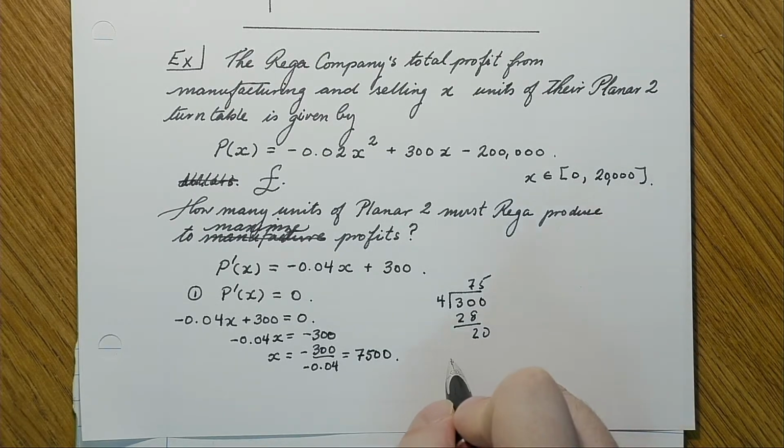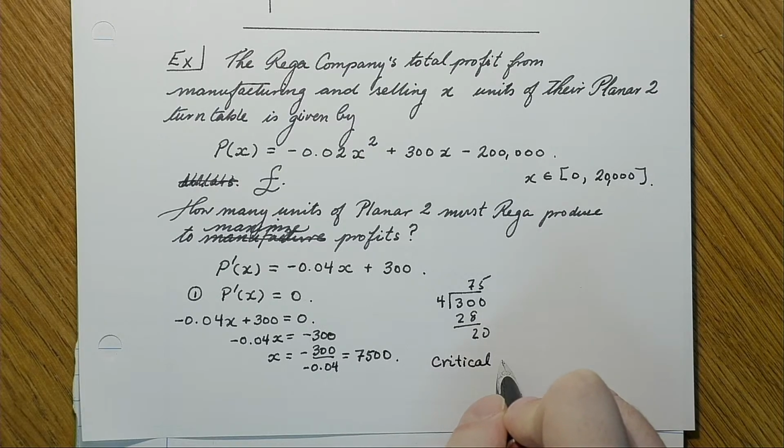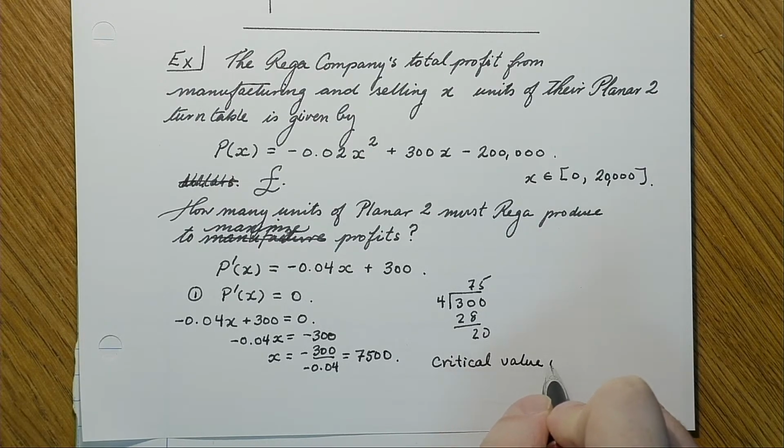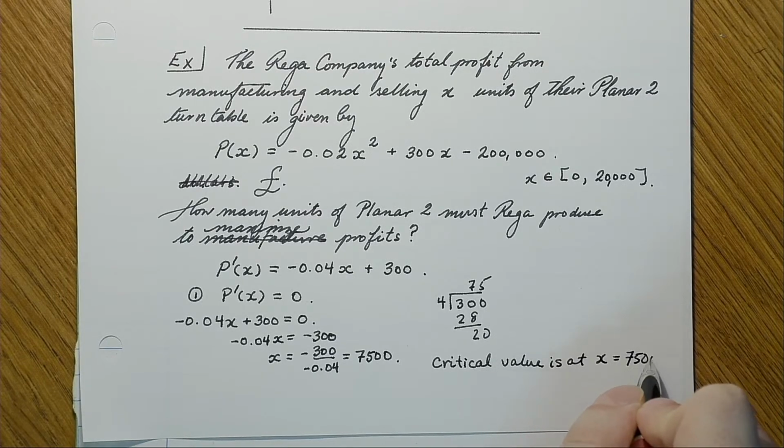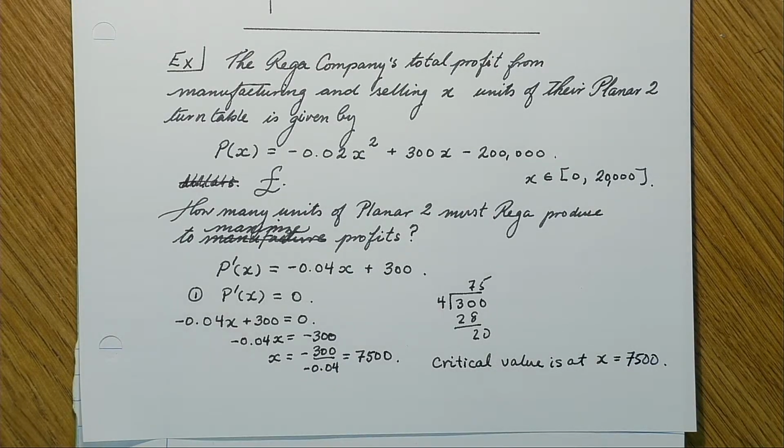So that's our critical value, at x equals 7,500. Yes, excellent.